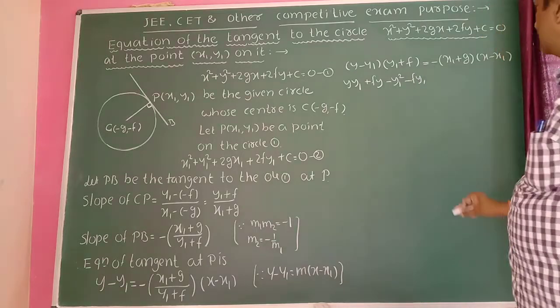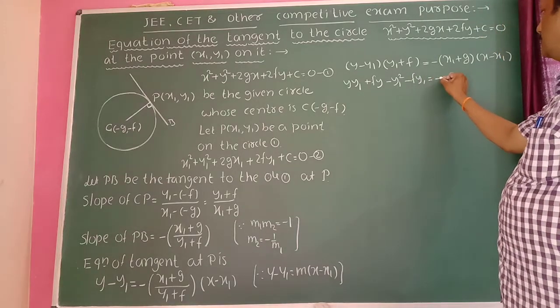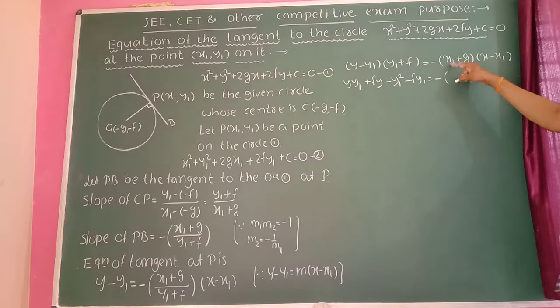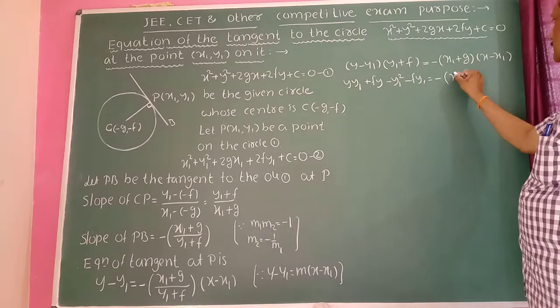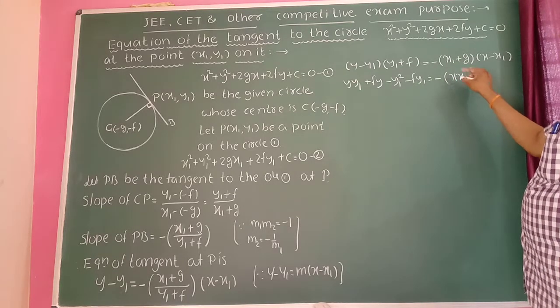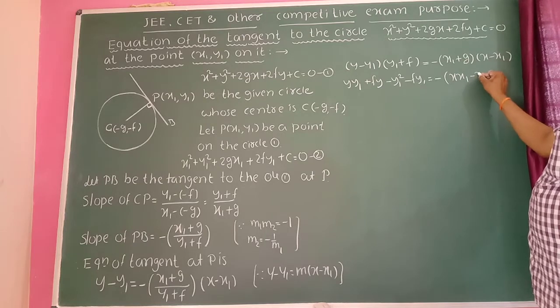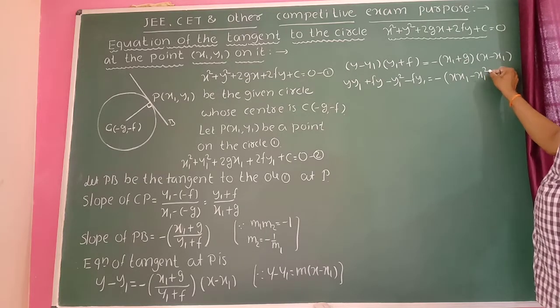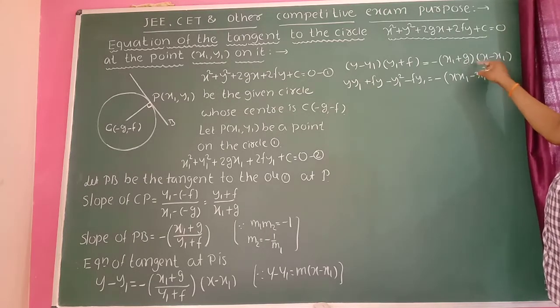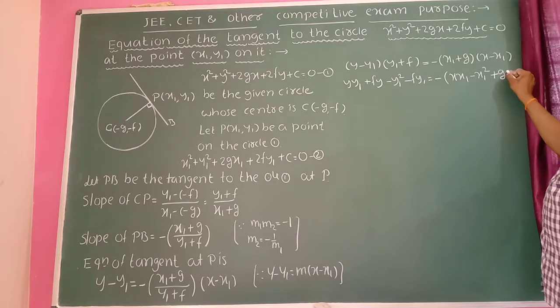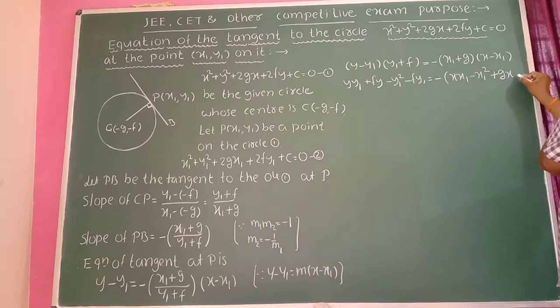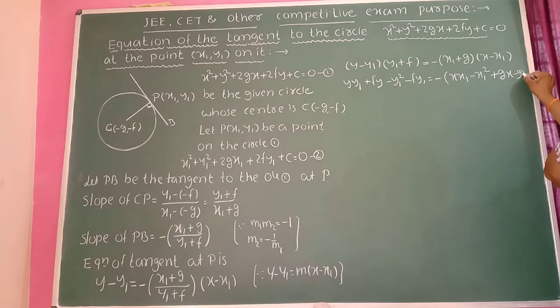Is equal to minus, multiply these terms: x1 into x becomes xx1, x1 into minus x1 is minus x1 square, plus g into x becomes gx, and g into minus x1 is minus gx1.